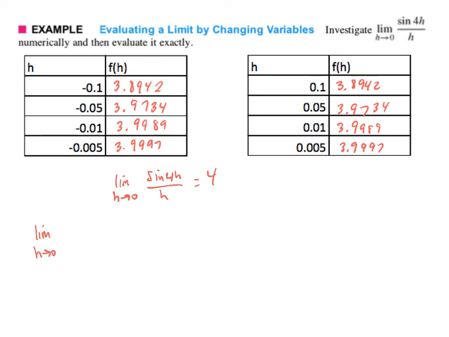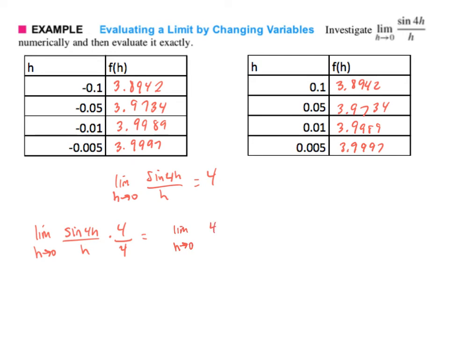So here, right, if we have a sine of 4h, 4h is essentially our theta. Right? So we need that 4h in the denominator. So we're going to take our original problem and we're going to multiply it by 4 over 4. What this does for us is it allows us to group things as we wish and isolate the part that we don't need.